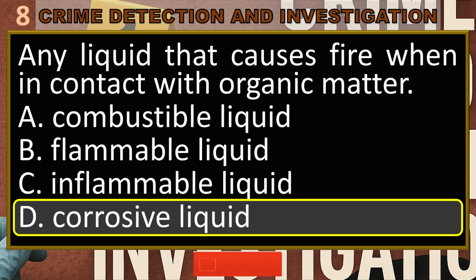Burns easily at lower flash points, 37.8 degrees Celsius. Also requires an ignition source, does not self-ignite upon contact with organic matter. C. Inflammable liquid. Same as flammable, easily ignites with a low flash point. Incorrect for the same reason as above. Final answer, D. Corrosive liquid.